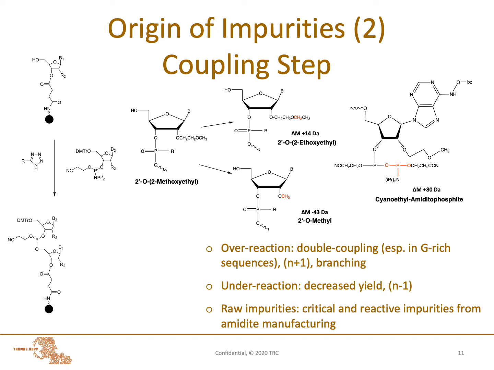For example, if you synthesize the 2'-MOE oligonucleotide, the main impurities from the raw material that you see are the 2'-O-ethoxyethyl impurity, that's mass plus 14, that's an additional methyl group in here, or the 2'-O-methyl impurity from the amidite manufacturing process, and this is just the mass minus 43. Another impurity that's quite common is the cyanoethyl amidite phosphate modification. That's a plus 80, and that's also a raw material induced impurity. As you can see, there's an additional phosphate in the backbone.